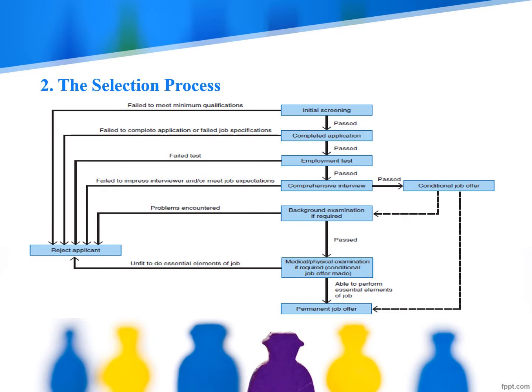The second step is the completed application. And similarly, if the applicant failed to complete the application or failed job specifications, we reject the applicant. If the applicant is able to pass, it goes to step number 3 and so on.